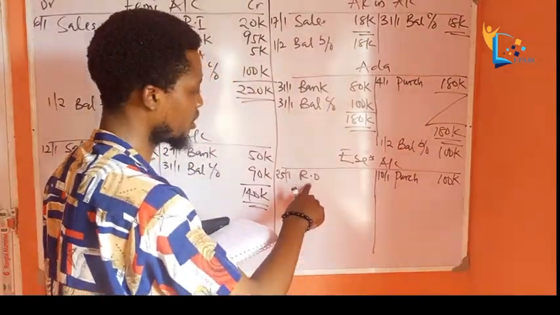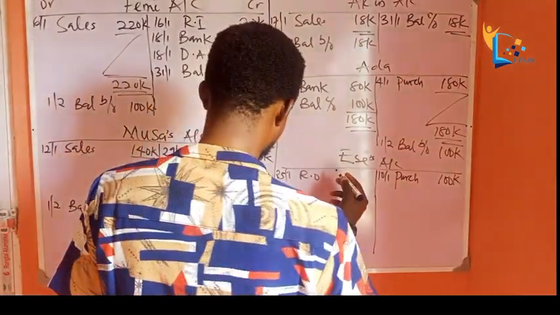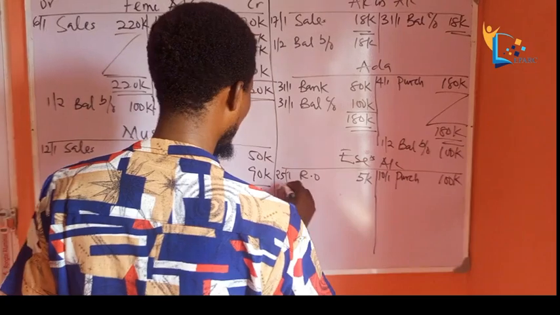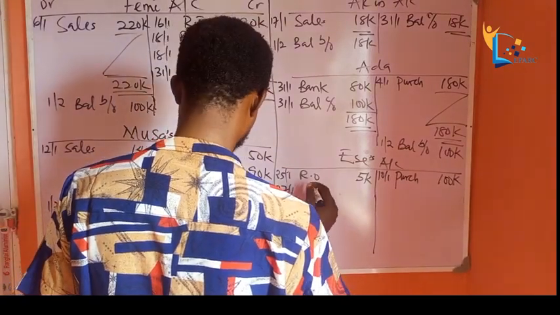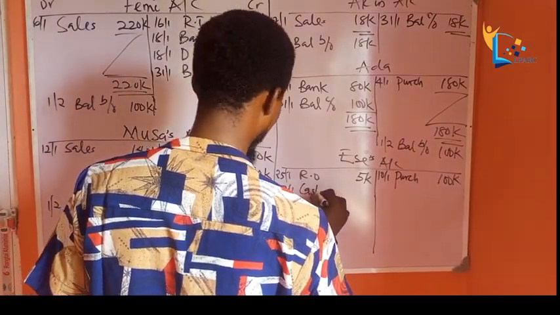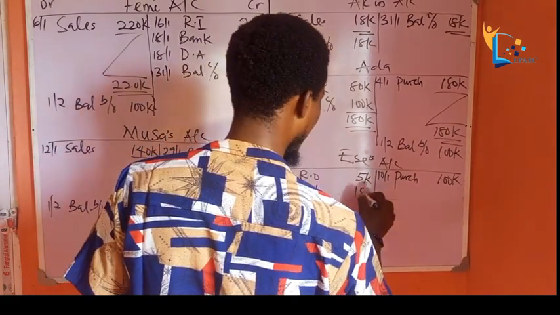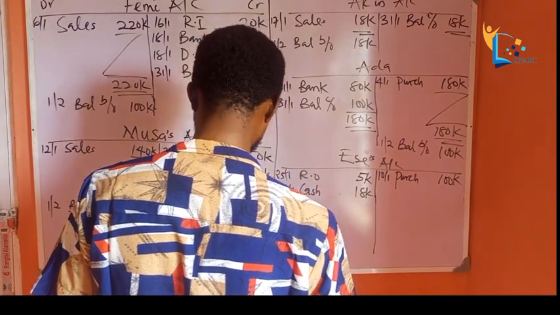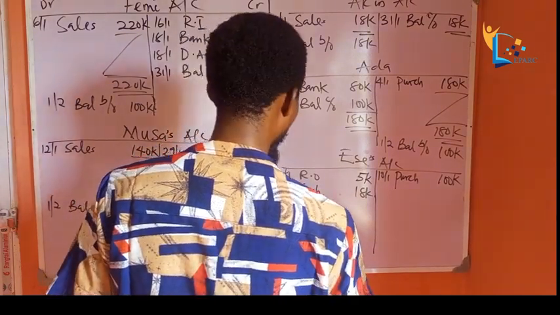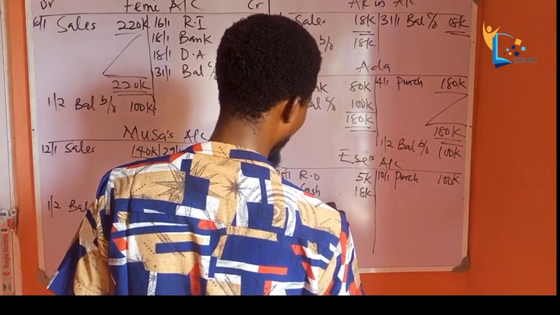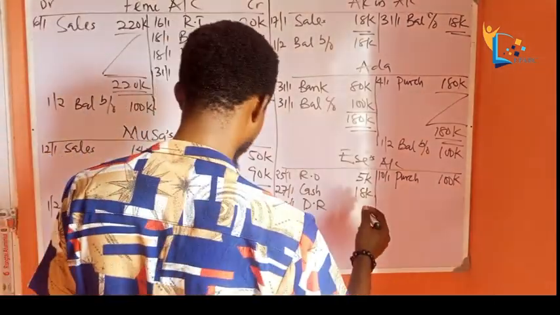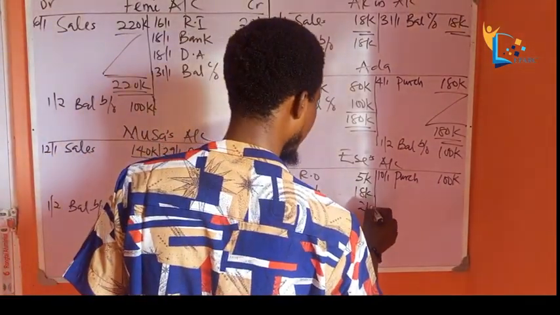I just shortened it, okay? This is return outwards. On the 25th, we return goods worth 5,000. On the 27th, we paid her in cash 18,000. Then on the 27th, we received discount from her. Discount received, DR. I just shortened it. Discount received, okay, of 2K.